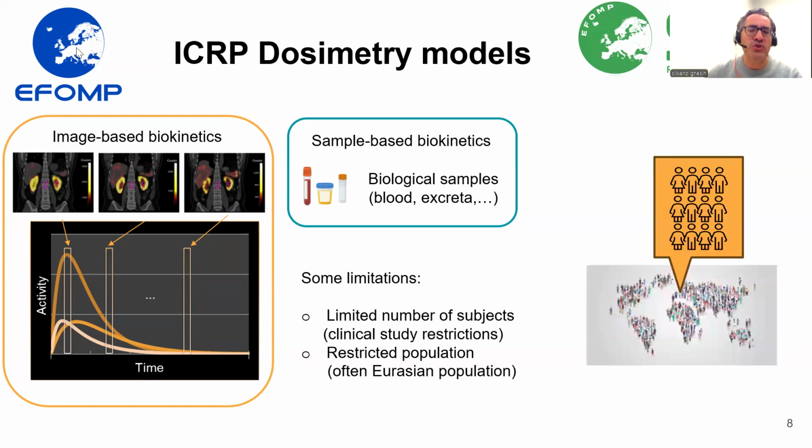There are also some limitations of these biokinetic models because they are built using a limited amount of restricted information from clinical studies collected around the world, but these clinical studies often refer to a restricted population, in most cases the Eurasian population. So we have to take into account these restrictions in the representativity of the models.